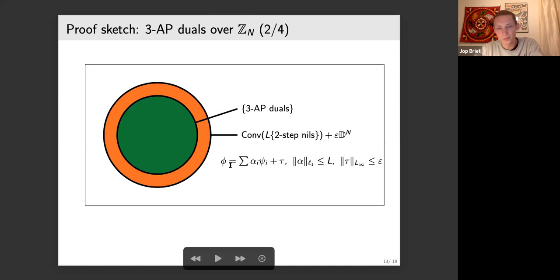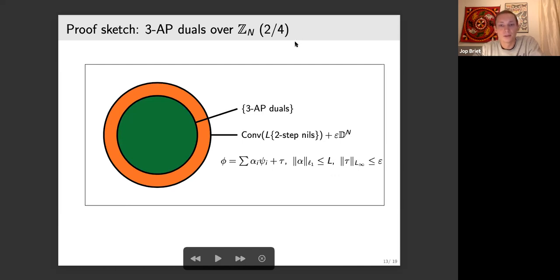Let me just remind you of what we're aiming for here. Suppose what we'd like to do is decompose a 3AP dual function as a sum of two-step nil sequences where the L1 norm of the coefficients is bounded by some L, and the L infinity norm of the error function is also bounded. Okay, so this is what we'd like. And let's assume this is the case. What we're going to aim for is to show that this number L can't be constant.